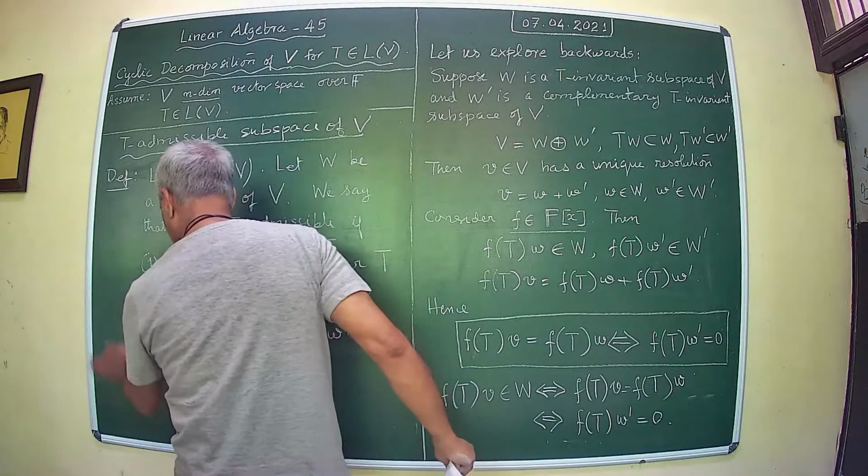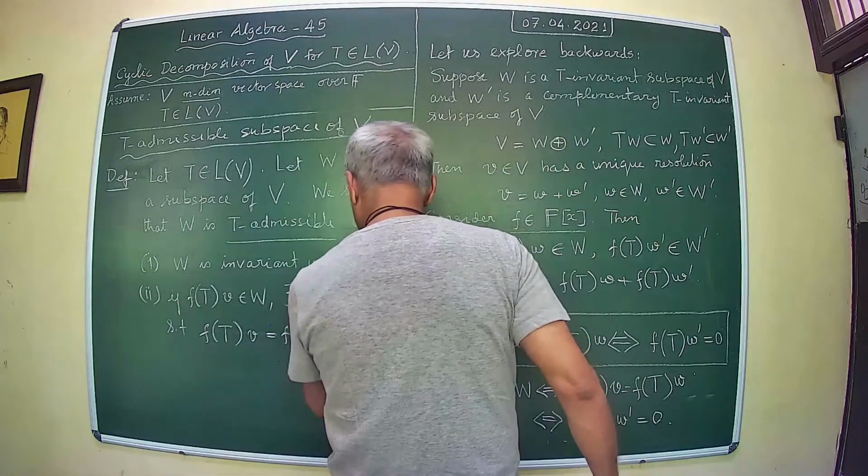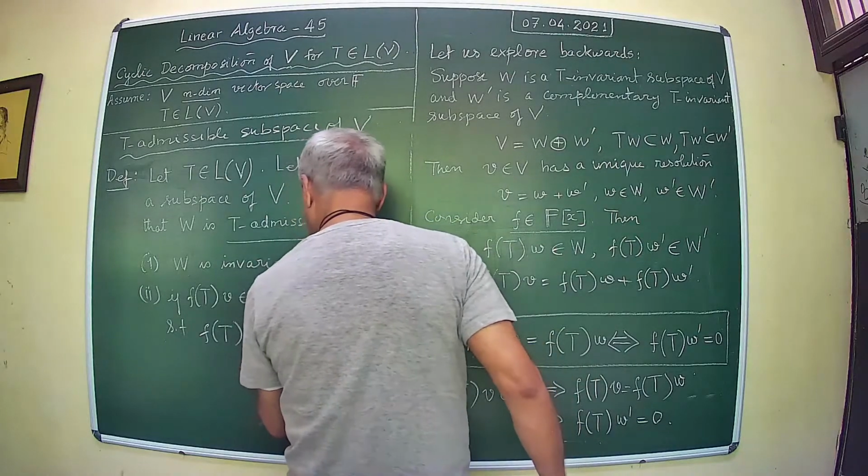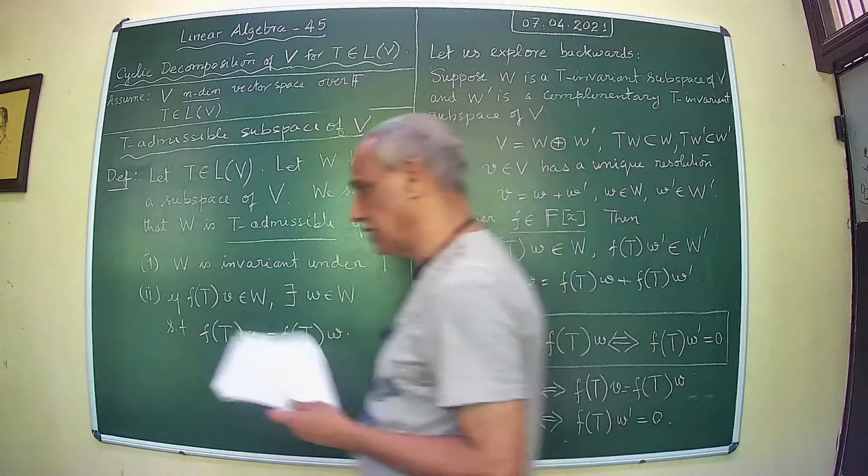That is, there exists W prime such that V equals W plus W prime and f(T) w prime equals 0. Okay.